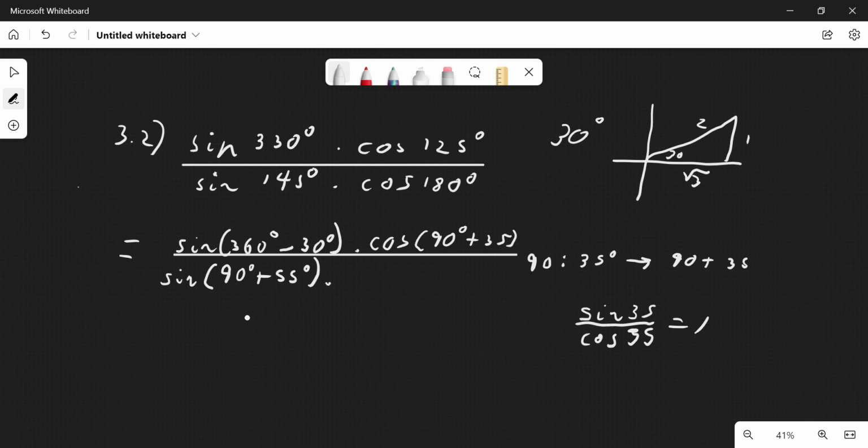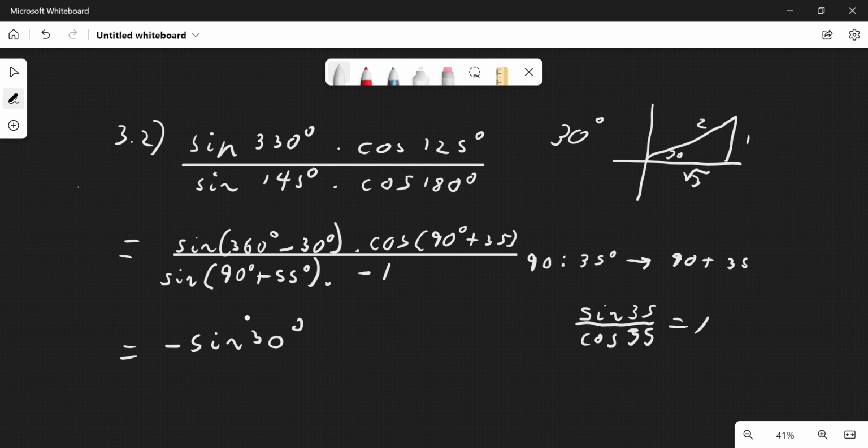And then here I can reduce this. So cos 180 is on one of the boundary lines. You should just put that in your calculator. Cos 180 gives you minus 1. So this is all multiplying minus 1. So with that said, sine 360 minus 30 is negative sine 30 degrees.